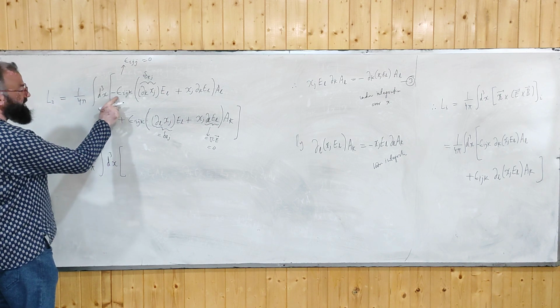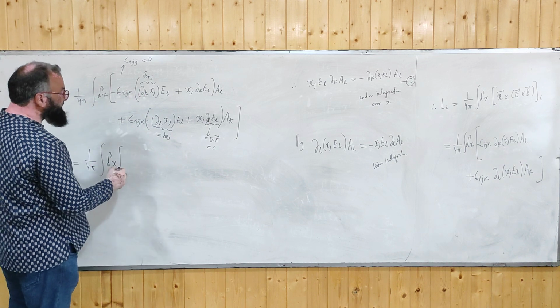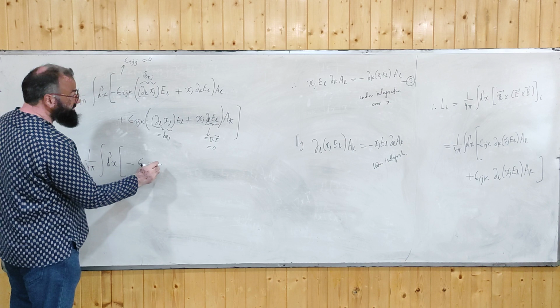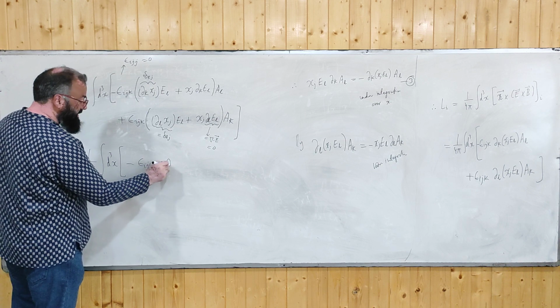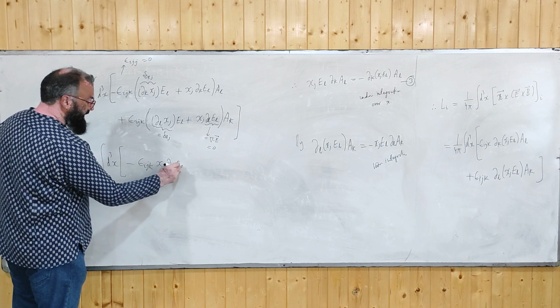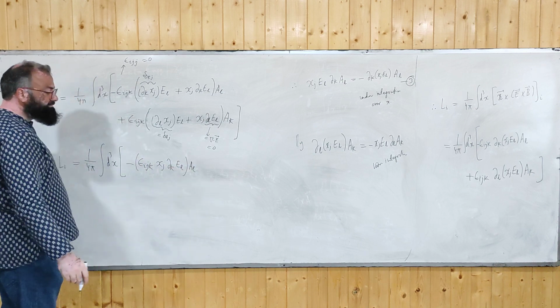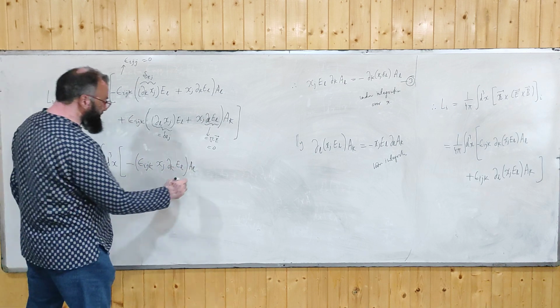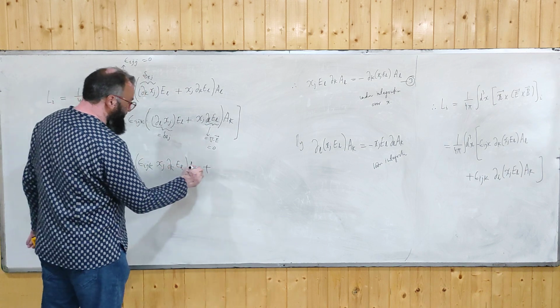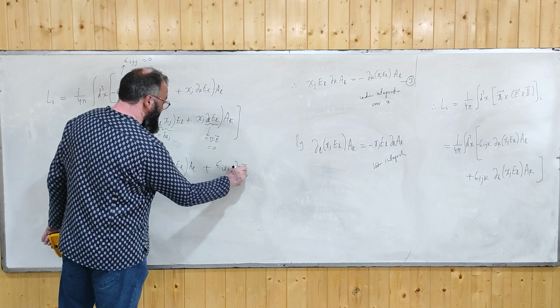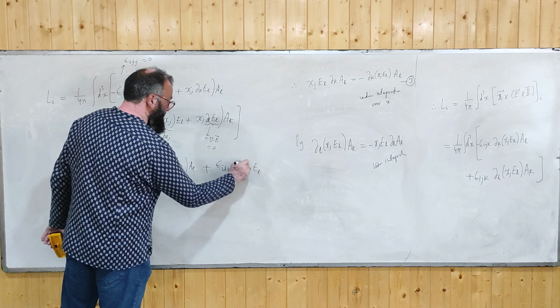You are having, the first term is gone, the second term will be actually equal to minus epsilon ijk x j partial k E l. Let me write E l here. समझ आया? Then plus, you are having this epsilon ilk partial l x j E l.